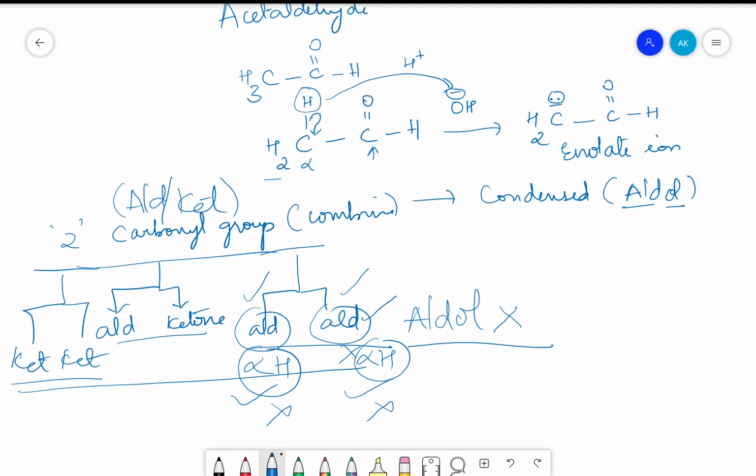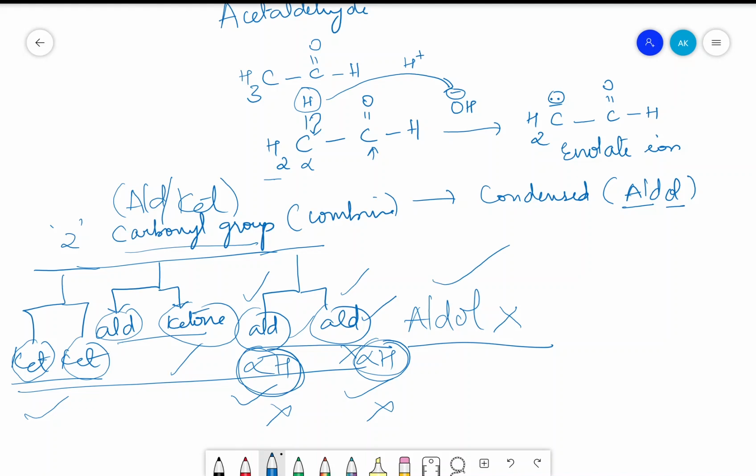So what is the requirement? We need two carbonyl groups. Carbonyl groups can be two ketones. It can be one aldehyde and one ketone. It can be two aldehydes. But in all the three scenarios, this is the basic logic we need to follow. If we have two aldehydes, one should at least contain alpha hydrogen. If both of them contain alpha hydrogen, we will also get the aldol product.